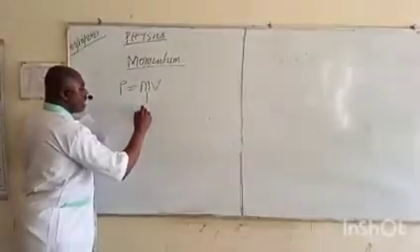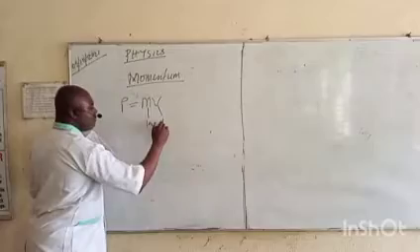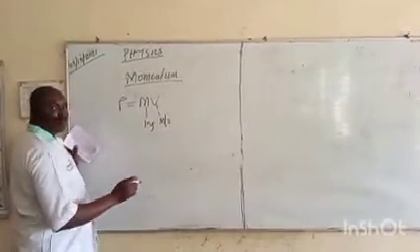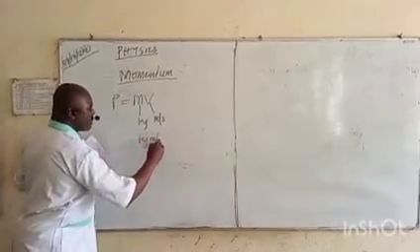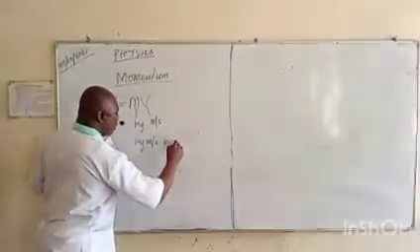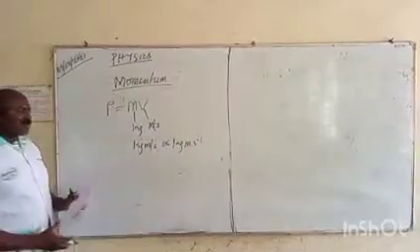M, which is mass, is in kilogram. V, which is velocity, is meter per second. Therefore, the SI unit for momentum is kilogram meter per second, or it can be written in this form again, kilogram meter per second.